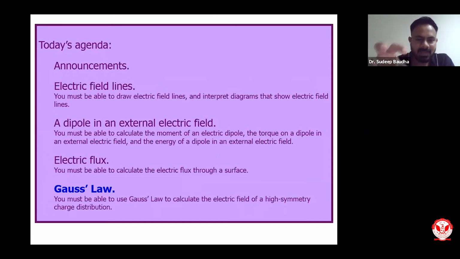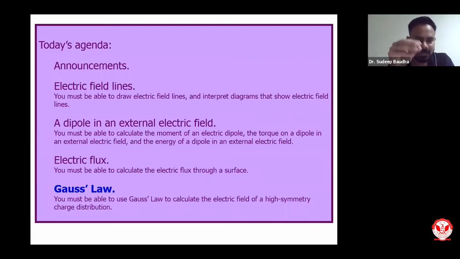Now this charge can be of any form. I have already shown you in our last session that we can calculate electric field due to point charge, infinite line charge, cylindrical charges, spherical charges, cylindrical sheet, all things we can do.